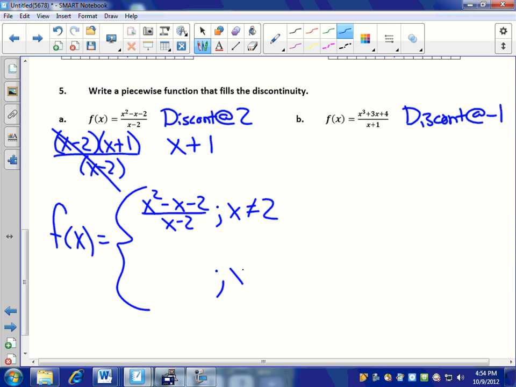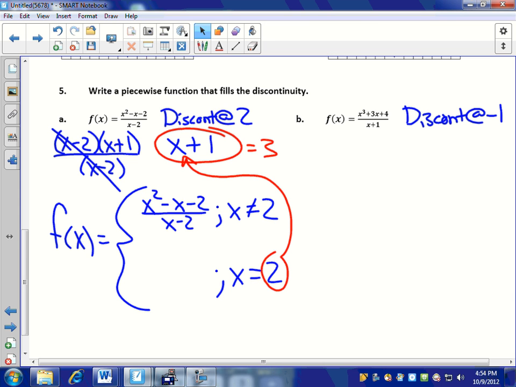If I want to fill the discontinuity, I have to say when x is equal to 2, I have an output value. Well, if the function wants to look like x plus 1, I can take that 2 value, plug it in there, and I get 3. So the function is equal to 3 for x equals 2. And that fills the discontinuity.